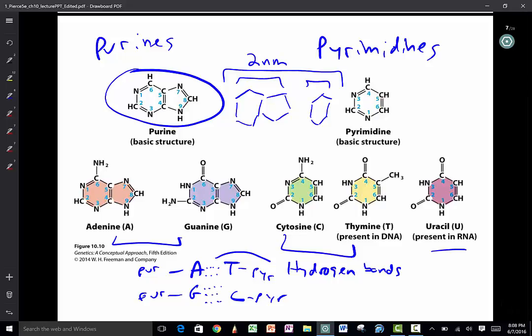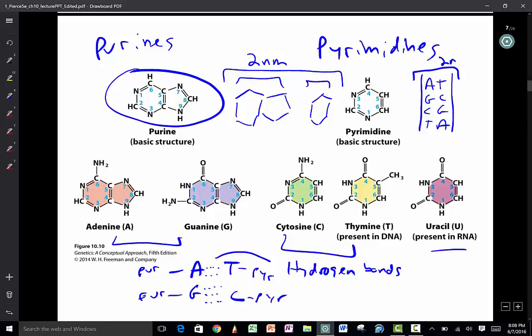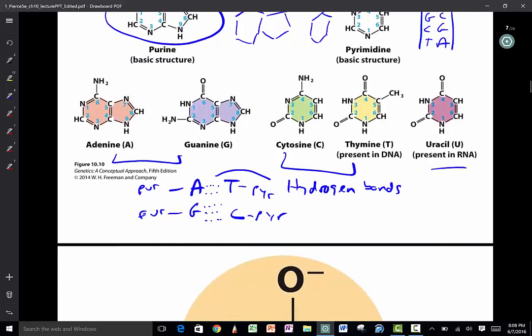But the key is if you have a DNA molecule and you have A's paired with T's and G's paired with C's and C's paired with G's and T's paired with A's, because you always have a purine and a pyrimidine, you always have a big one and a small one together, and so the diameter of the DNA is constant, and that size happens to be 2 nanometers. So the fact that pyrimidines pair with purines is important for the overall structure of DNA.